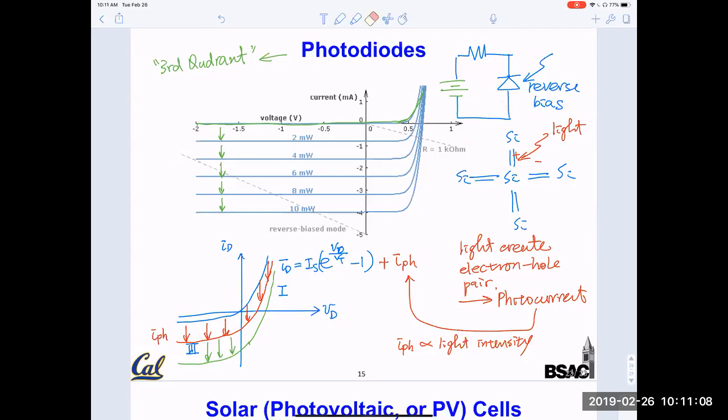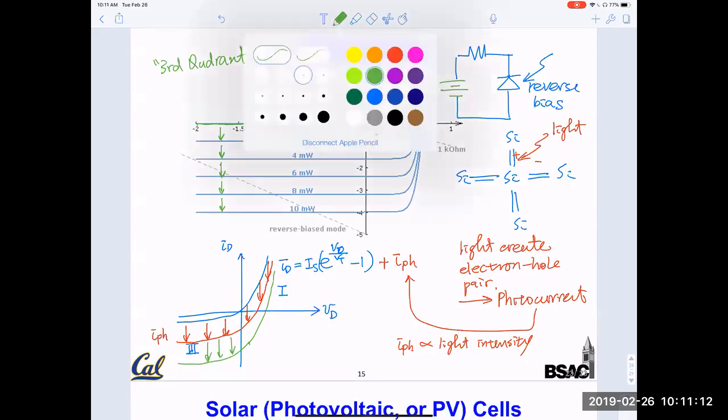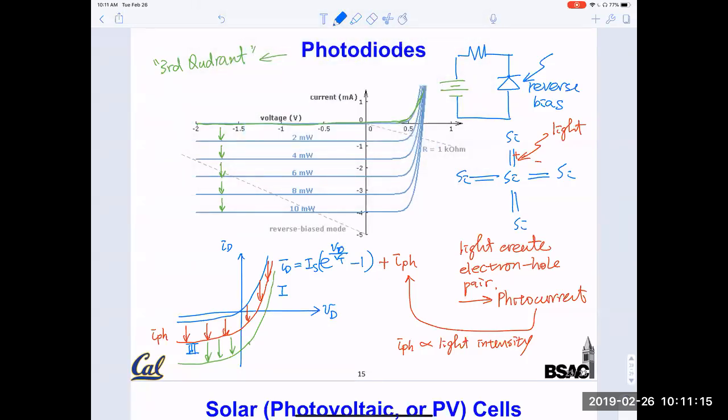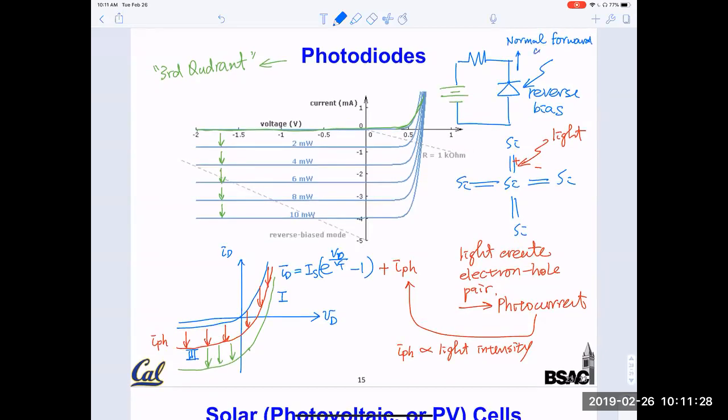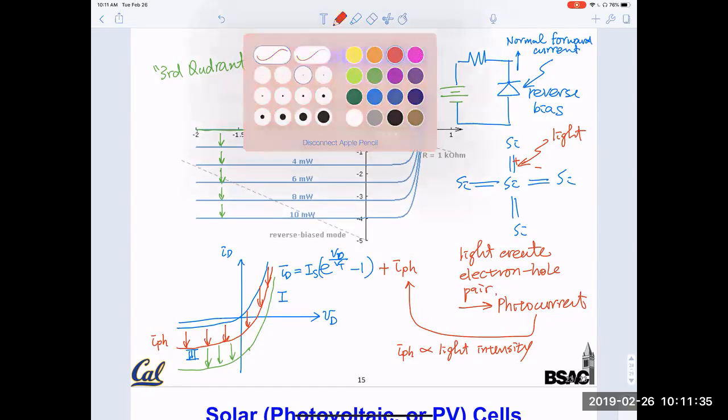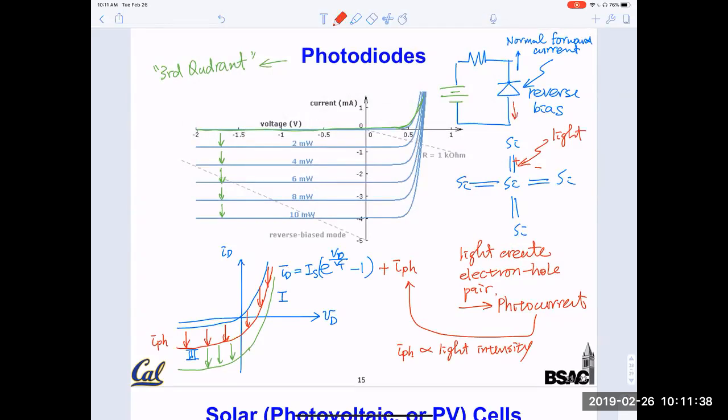So the normal diode current is flowing from P to N. So this is a normal forward current. And the photocurrent is in the same direction as a reverse current. So yes, I drew it the wrong way. So the IPH should be going in this direction. So if I draw the equivalent current source, it should be like this. Okay, thank you for pointing this out.